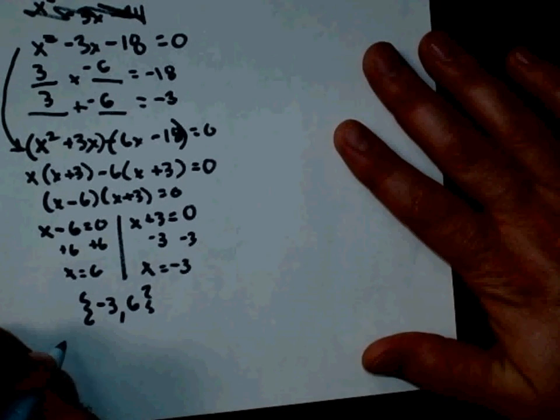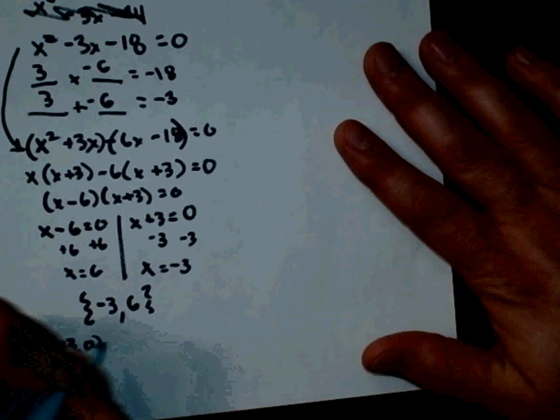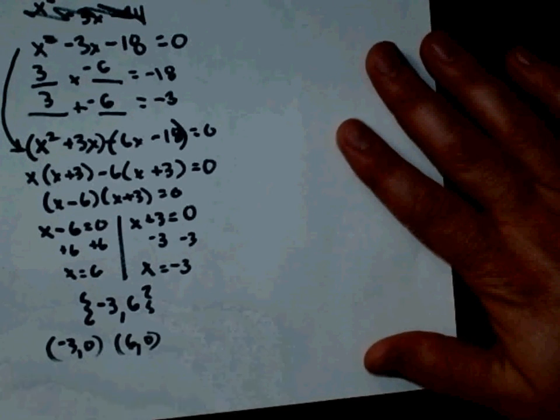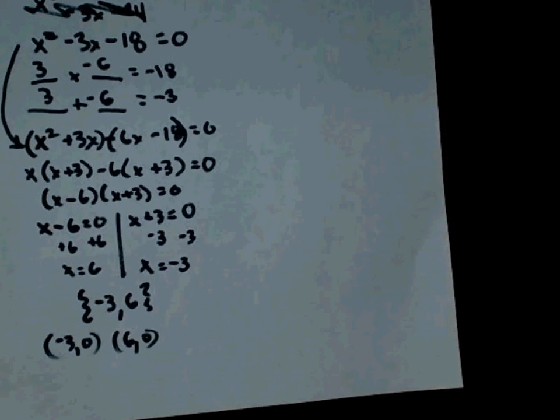It represents set notation. It's saying that the solution is in a set of negative 3 and 6 only. It's not a coordinate. If you want to talk about it being a coordinate, then this would be (-3, 0) and (6, 0), because those are the x-intercepts, or the zeros, as we would say.